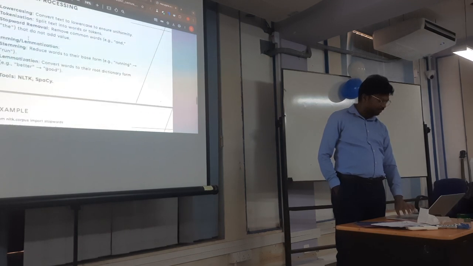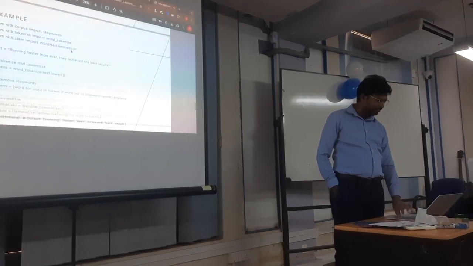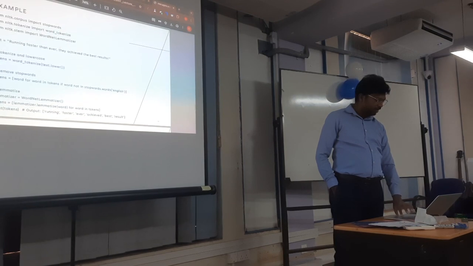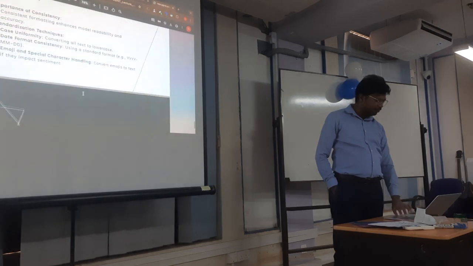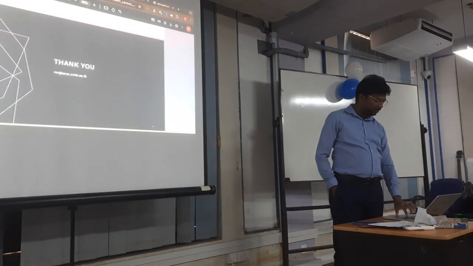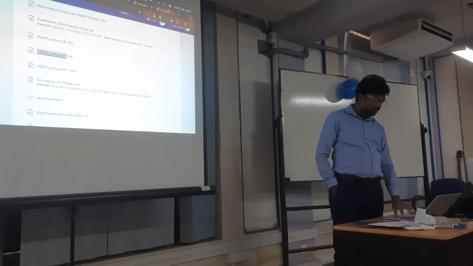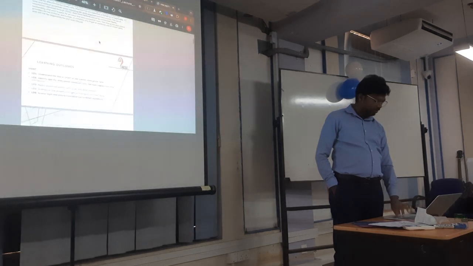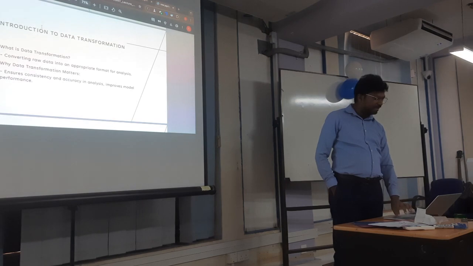We use Python, things like lowercasing, tokenization, stop word removal, stemming, lemmatization, sample code, handling outliers and all that. Discussed. And then this is the data analysis techniques. So then data transformation.